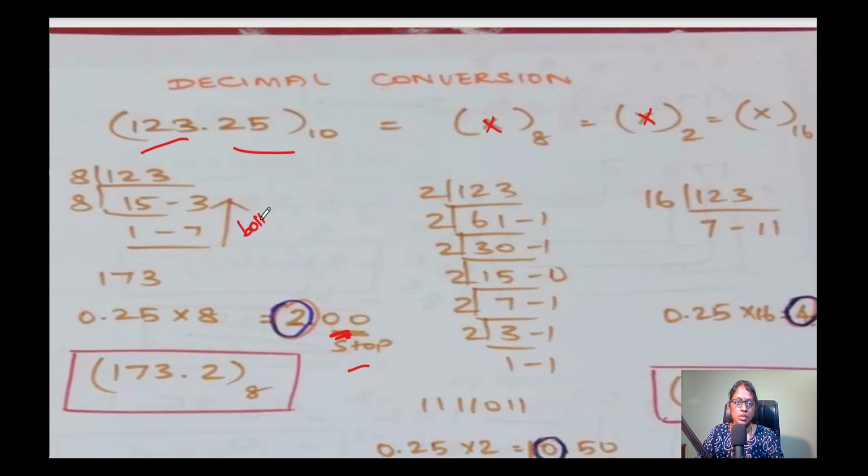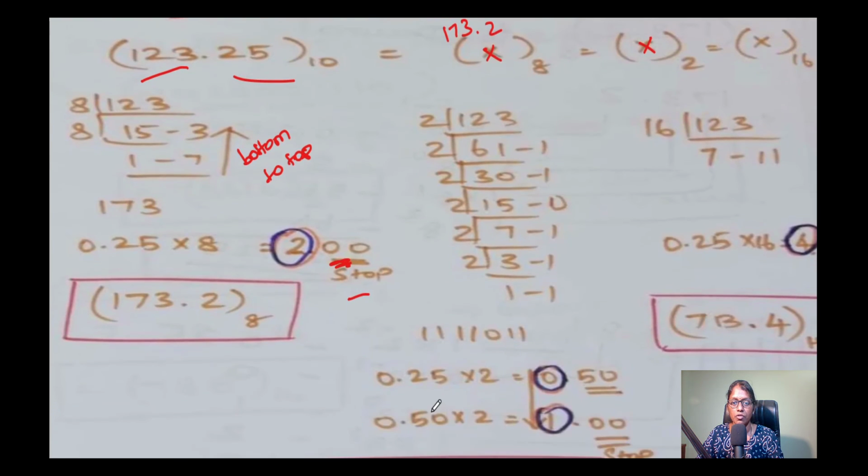So 173.2 is its equivalent octal value. And for the binary value, similarly divide by 2. Then 0.25 times 2 is 0.50, and 0.50 times 2 is 1.00.